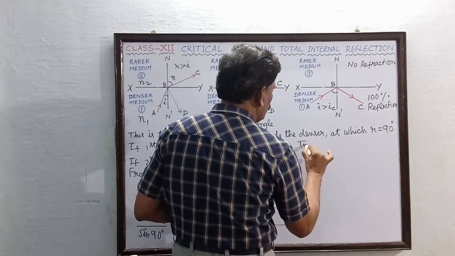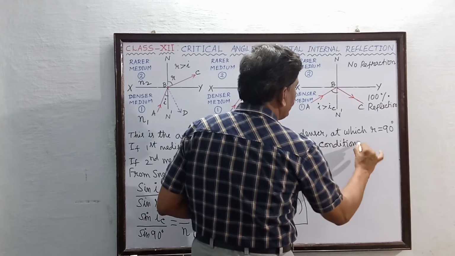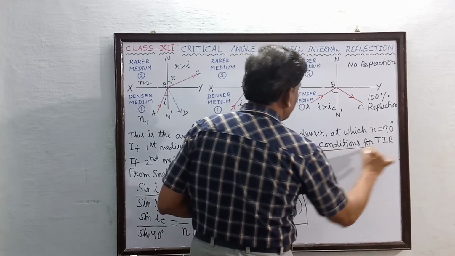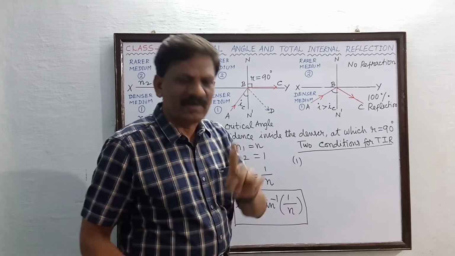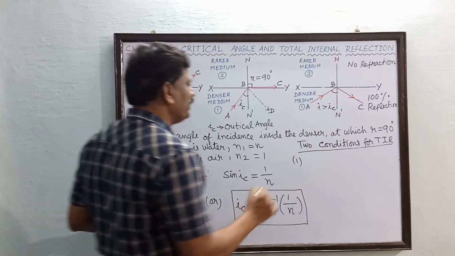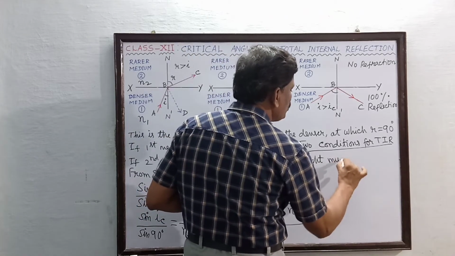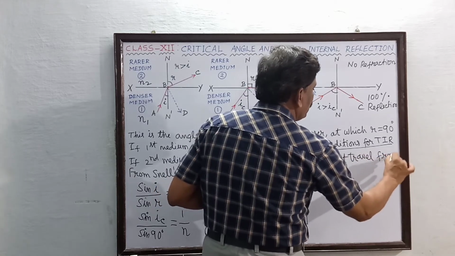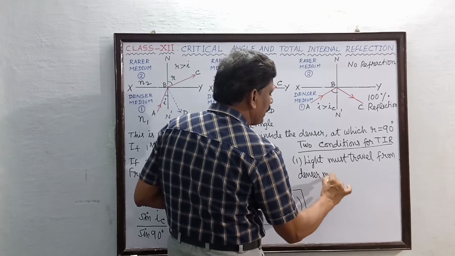So what are the 2 conditions required for total internal reflection? Condition number 1: light should travel from which medium into which medium? Light must travel from the denser medium to the rarer medium.